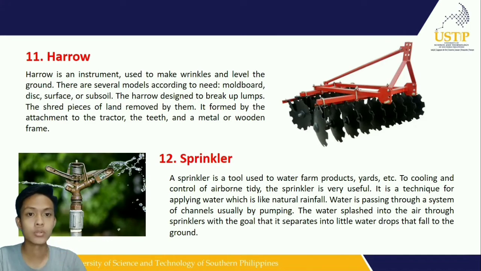Water is passing through a system of channels, usually by pumping, the water splashed into the air through sprinklers with the goal that it separates into little water drops that fall to the ground. So ginagamit na siya in watering seedlings, mga plants, mga yards or landscapes. And ang tawag sa iyang method nga kanang mura siya og controlled nga ulan is sprinkler irrigation.